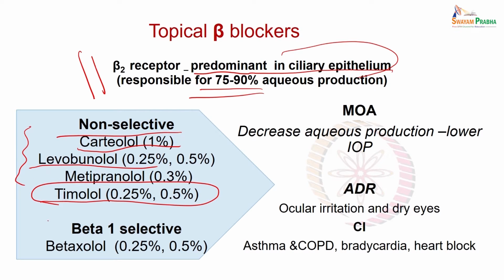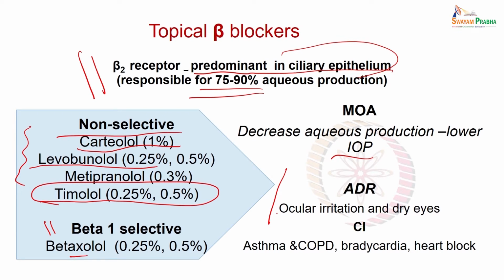Beta 1 selective betaxolol is also used. Mechanism of action: decrease aqueous humor production, lower intraocular pressure. The major adverse reaction is ocular irritation, and this also causes dry eye.